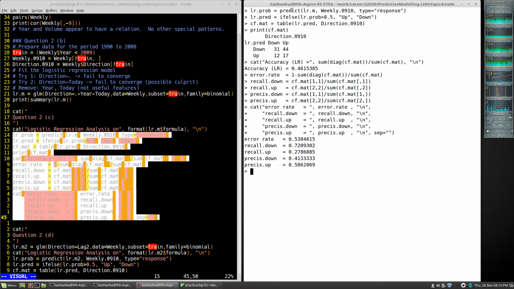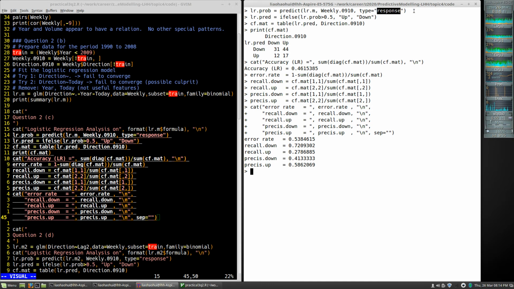First we perform the prediction using type response to obtain the probability estimates. After that we use ifelse: if the probability is larger than 0.5, we consider it Up, otherwise Down. The confusion matrix can be constructed by comparing the predicted values and the actual values.